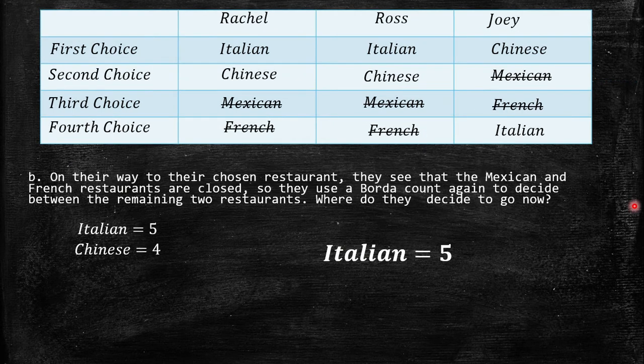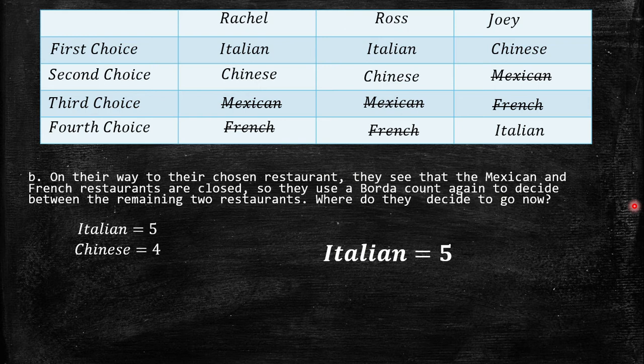The second question says, on their way to their chosen restaurant, they see that the Mexican and French restaurants are closed. So they use a Borda count again to decide between the remaining 2 restaurants. Where do they decide to go now?